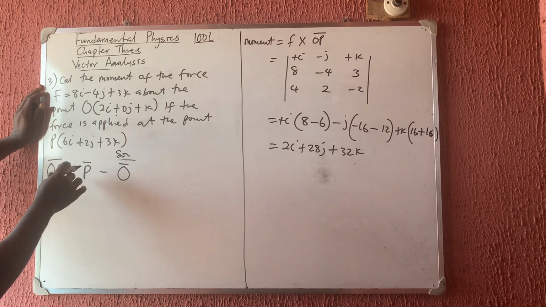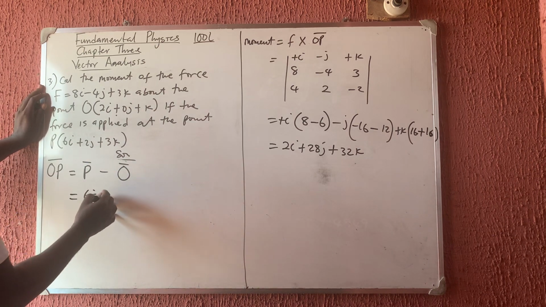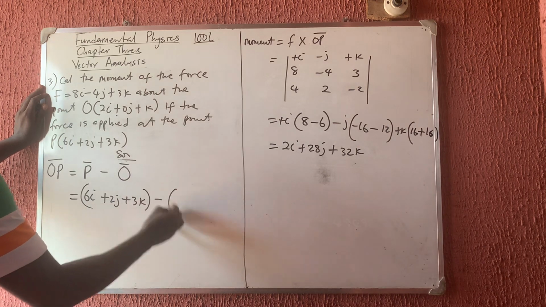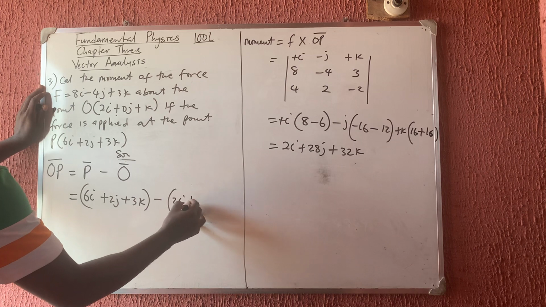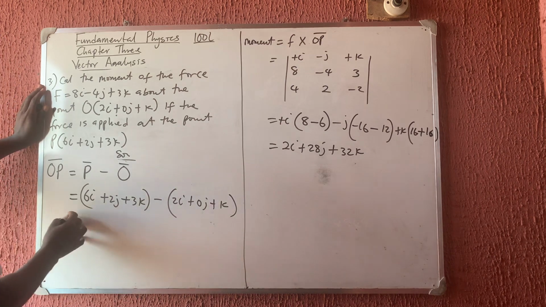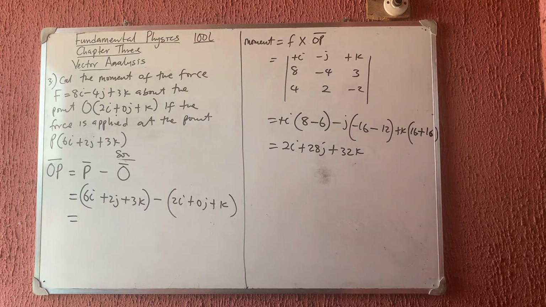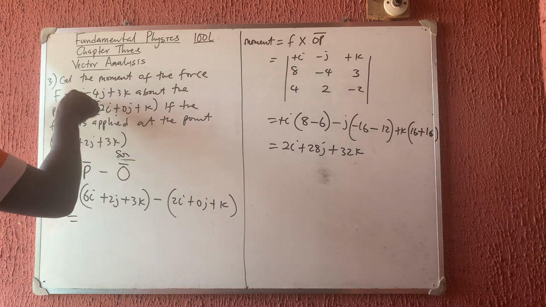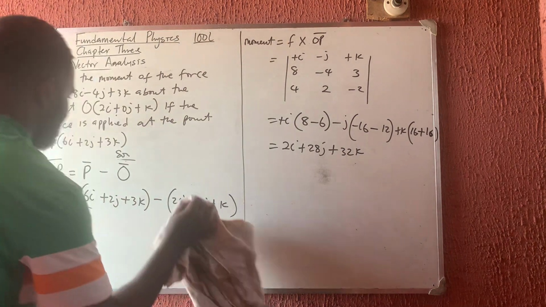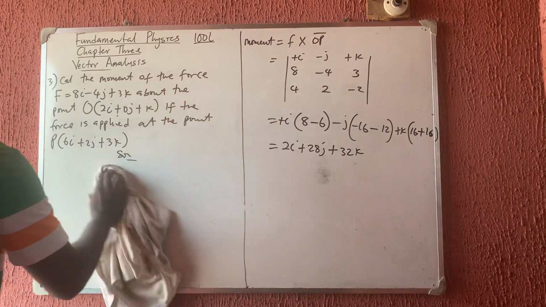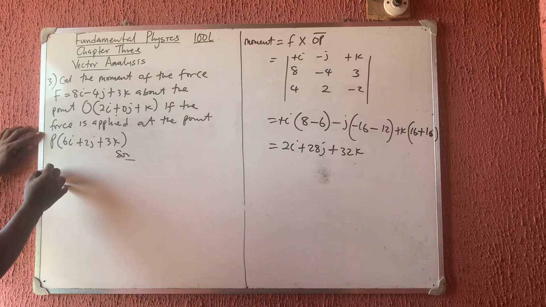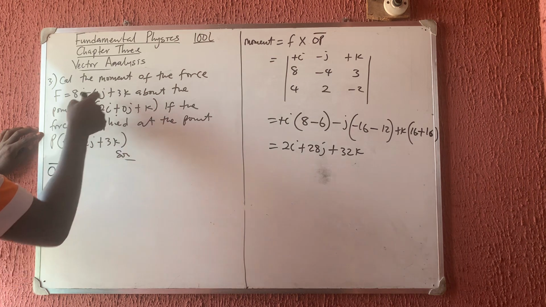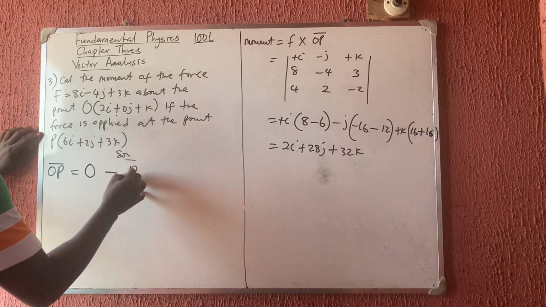So I'm going to have that from this point, that is 6i plus 2j plus 3k. All right, then minus my O is 2i plus 0j plus k. So you now have about this point, where you ended minus where you started. Why am I doing the same mistake? Okay, correct it now and then tell me what your answer is at the comment section. So OP, this is where I started, so where I stopped, which is O, minus where I started, please.